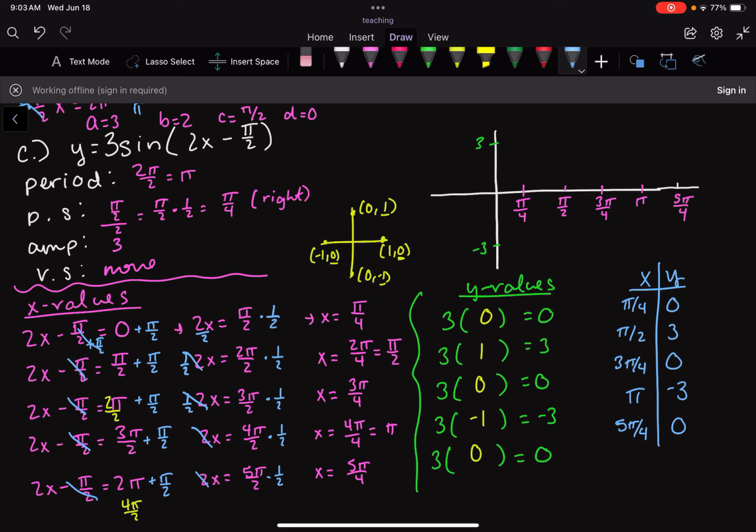So let's go ahead and plot these on here. So I've got 0, then I go up to 3, back to 0, down to -3, back up to 0. So there's my graph. And I do know that the original sine graph looks like that, so that definitely helps as well.